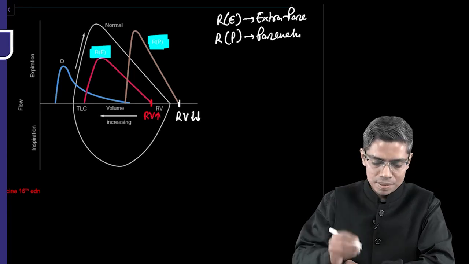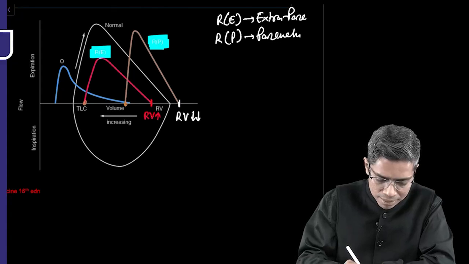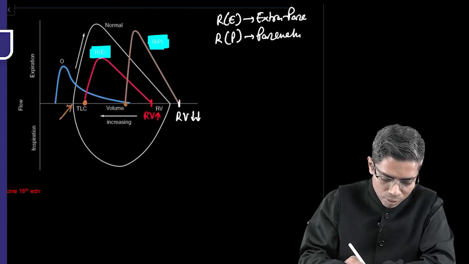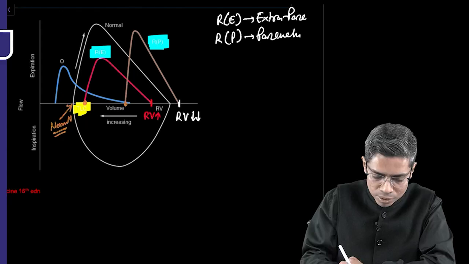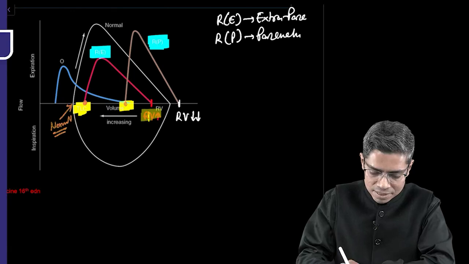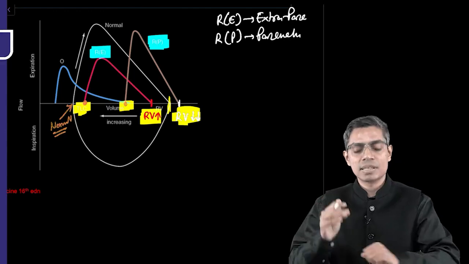But in both the persons, if you look at the total lung capacity, the total lung capacity is reduced compared to the normal, because here is the normal TLC. So you can find out that the TLC is reduced in both conditions. But in one case residual volume is higher than normal, and in the other case residual volume is lower than normal.